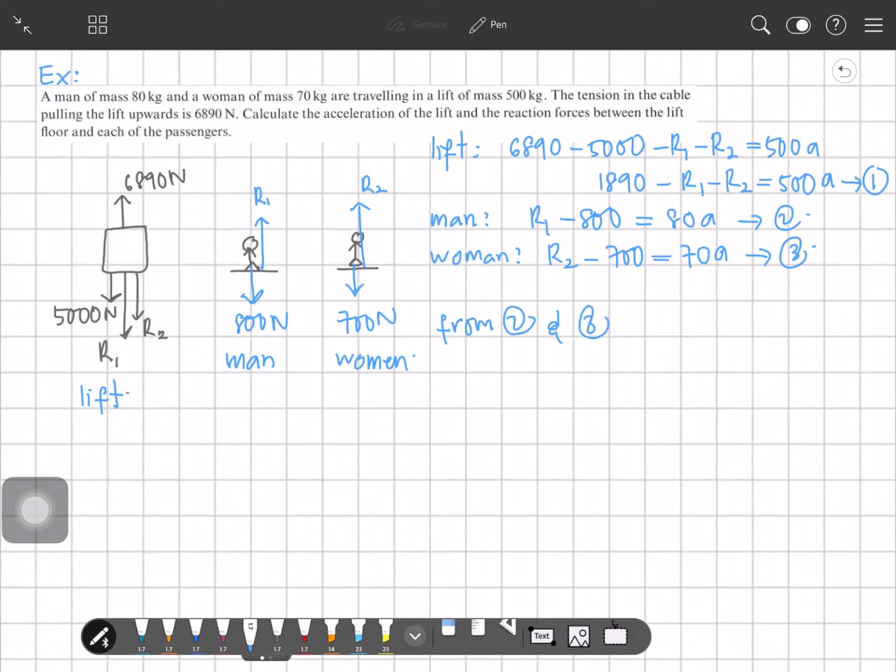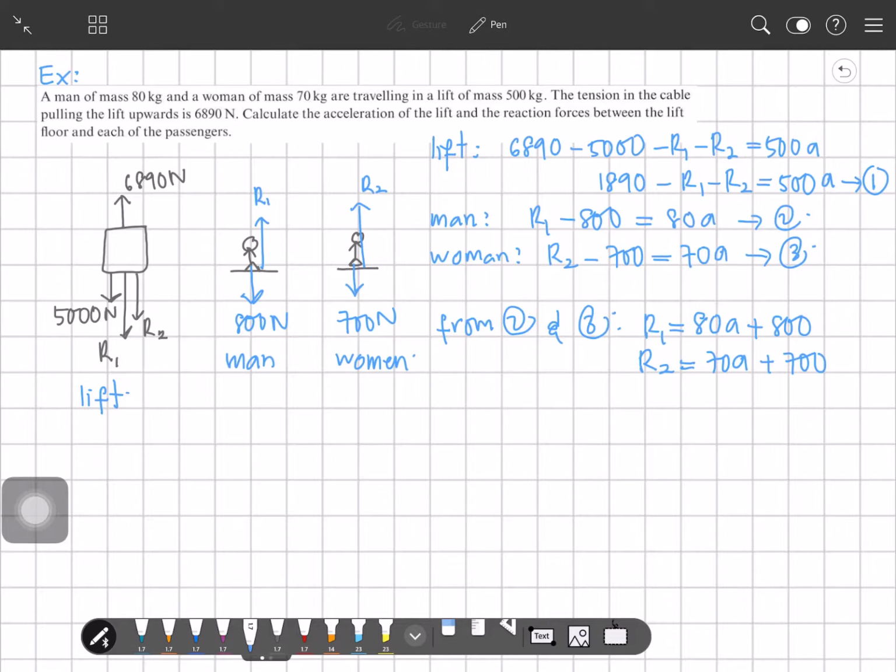From equation 2, R1 equals 80a plus 800, and from equation 3, R2 equals 70a plus 700.